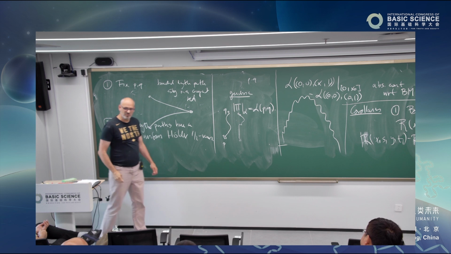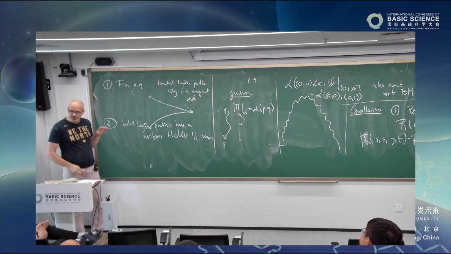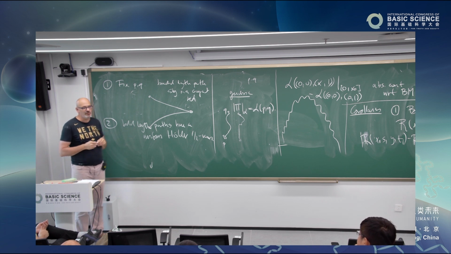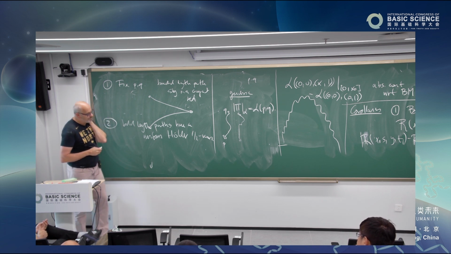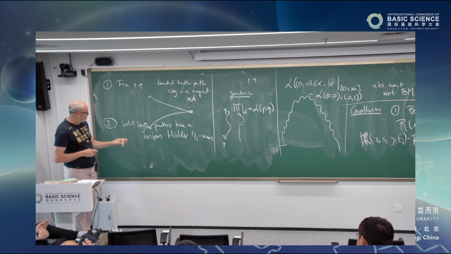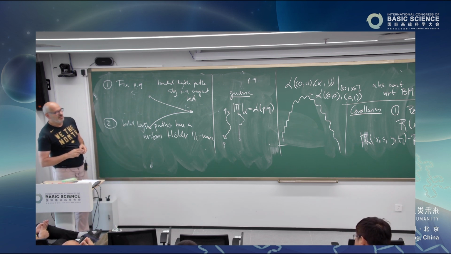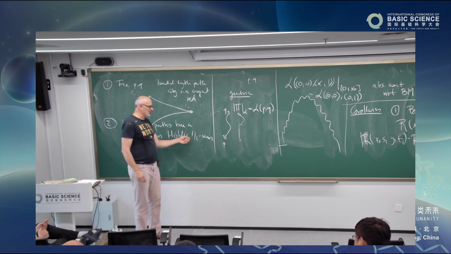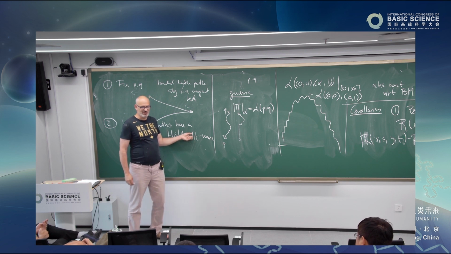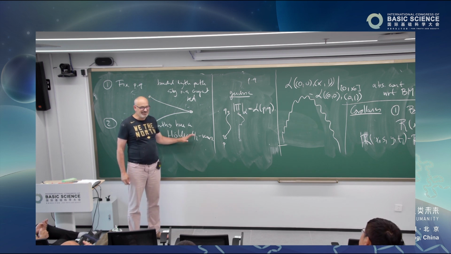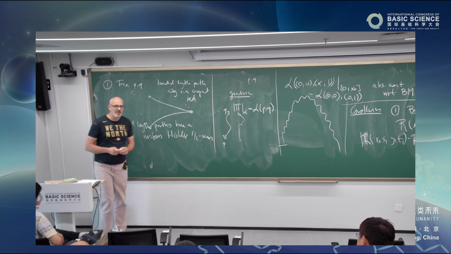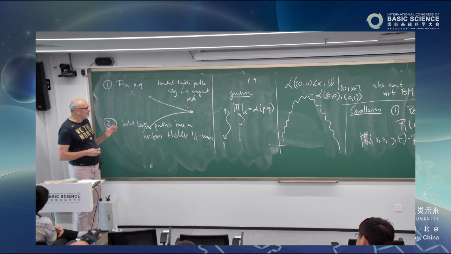I'll give you the proof of that, I think we have enough time. Brownian motion is Hölder 1/2 minus, but here they're actually Hölder 1/2. So every bounded length path cannot be too rough.